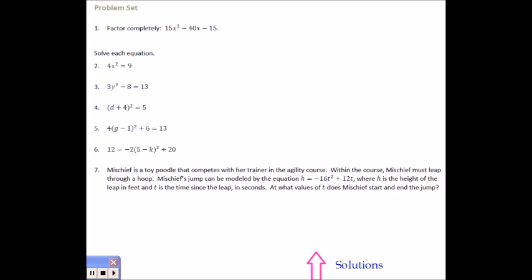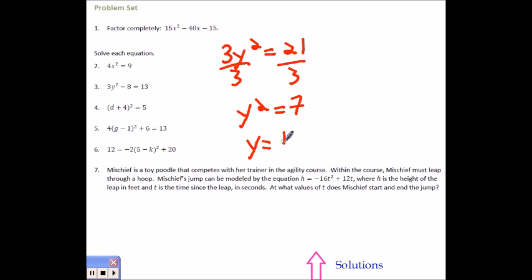Number 3, I'm going to go ahead and isolate the variable. I'm going to add 8 to both sides and get 3y squared equals 21. Next, I will divide both sides by 3 and get y squared equals 7. Take the square root of both sides, I get y equals the positive and negative square root of 7.